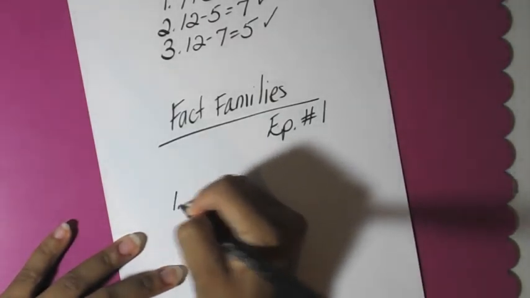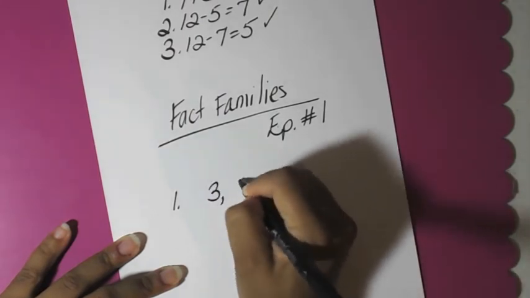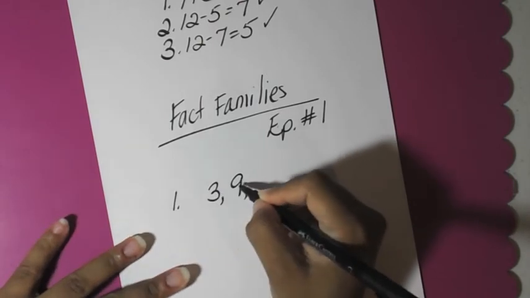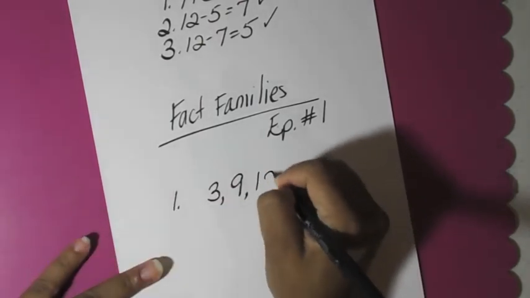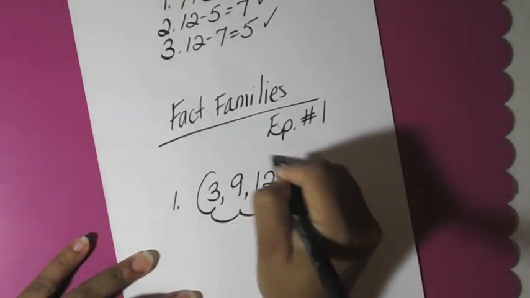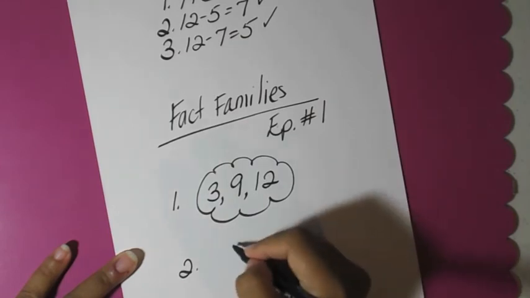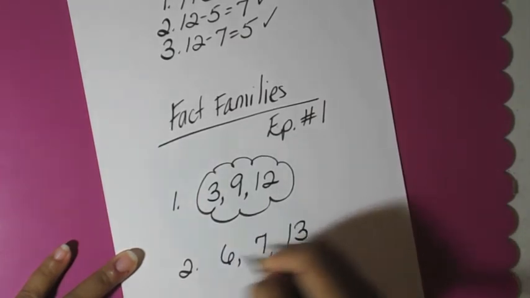So here's the first fact family that I'm going to give you. I'm going to give you probably just 3. So let's try 3, 9, and 11. 9, 10, 11, 12, and 12. And then we're going to try 6, 7, and 13.